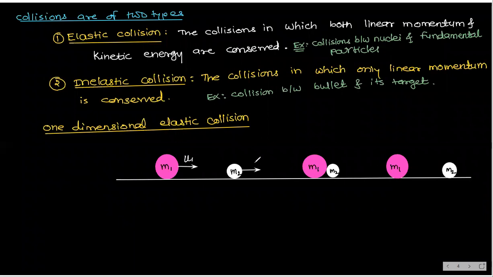This is u1, this is u2. And after collision they are moving with different velocities, and let us assume that m1 is moving with velocity v1, m2 is moving with velocity v2. Okay, right.